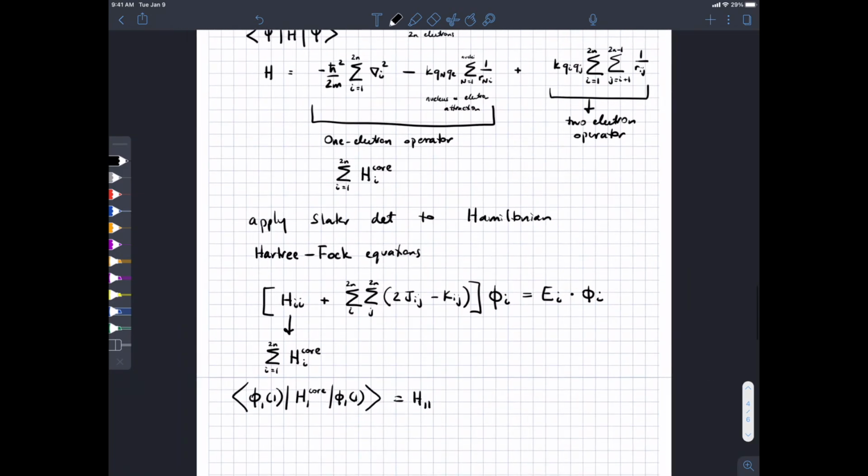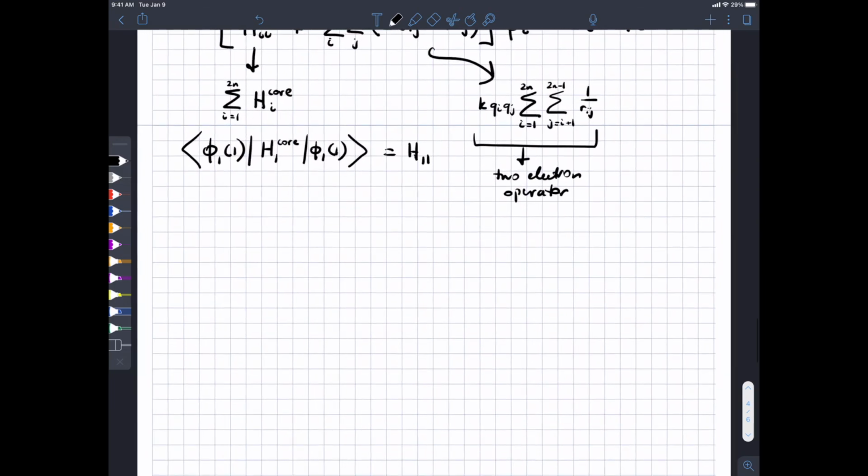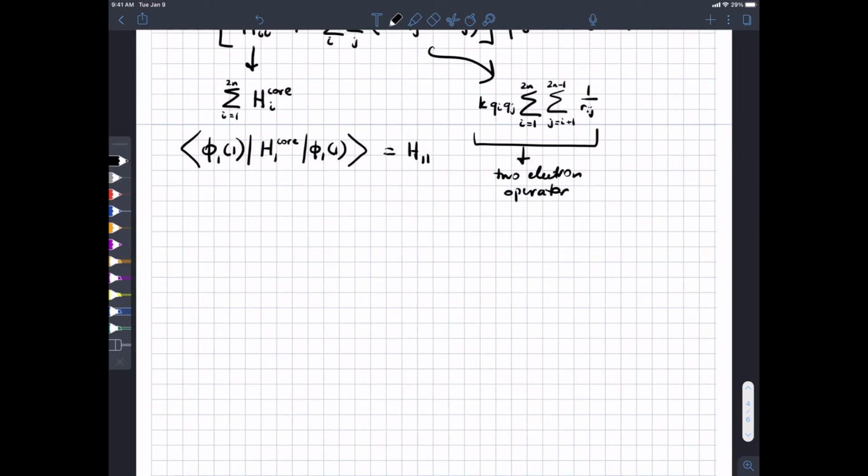J and K derive from this two-electron operator here. And to deal with this, we need to go back to thinking of the wave function in terms of a determinant. All right?